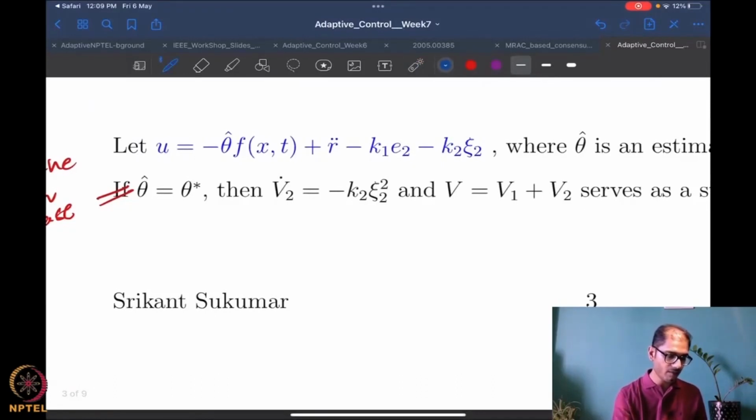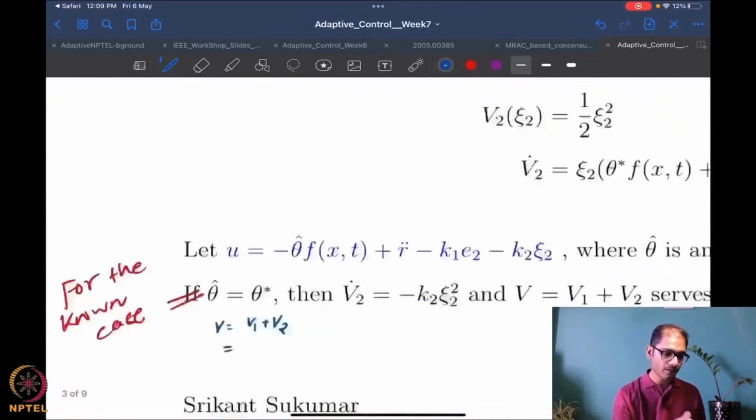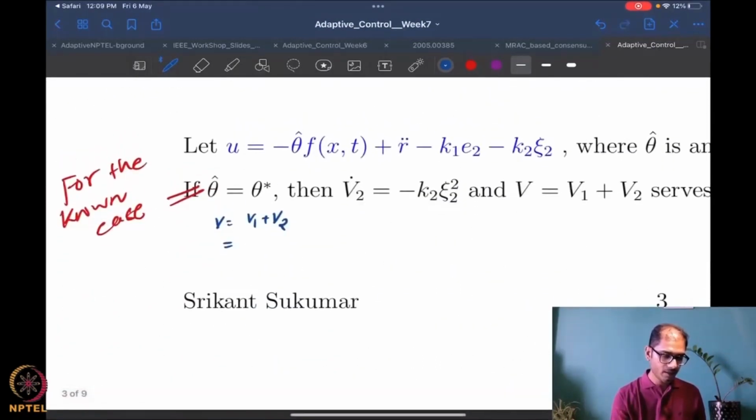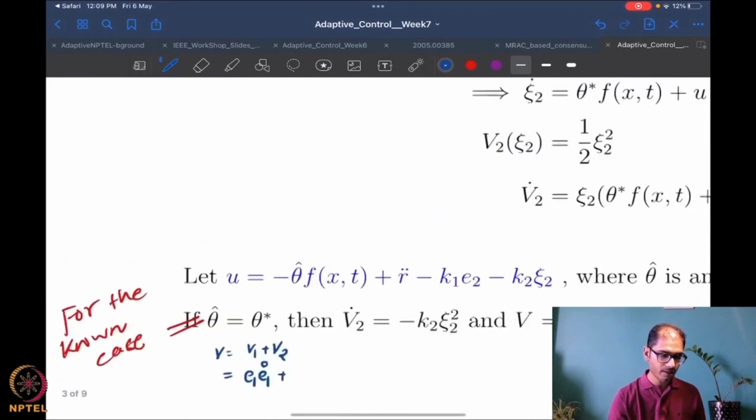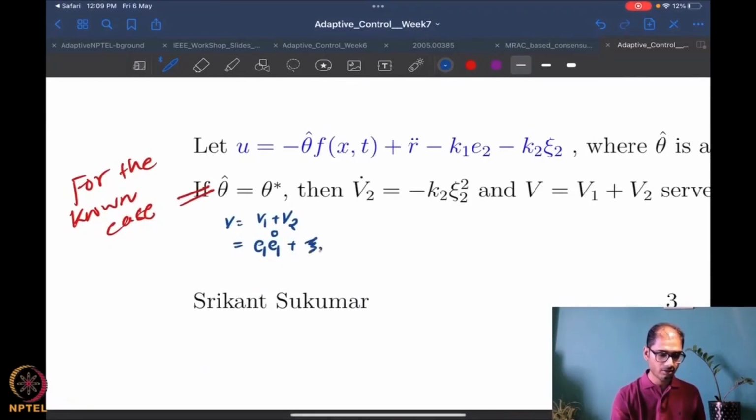If I do take V equal to V1 plus V2, and now I compute the actual derivative instead of the desired derivatives, V1 was, if you notice, half E1 squared. So this is E1 E1 dot, and V2 is psi2 psi2 dot. All right.